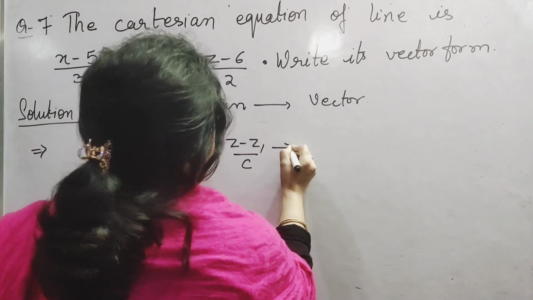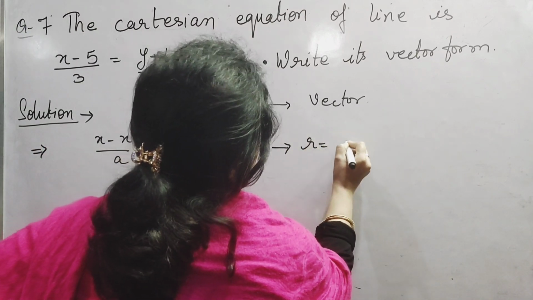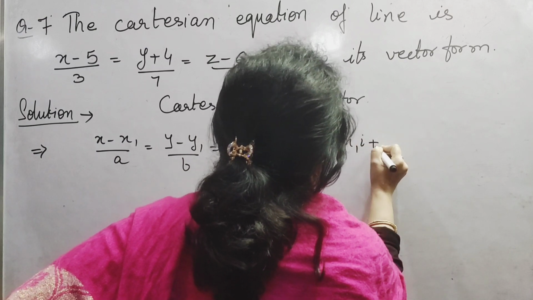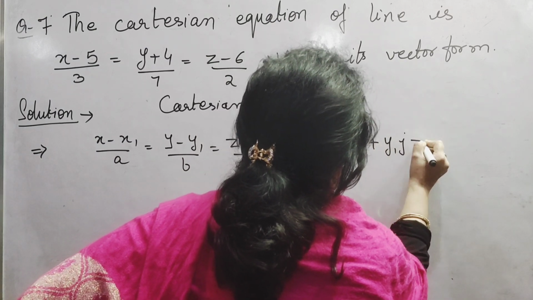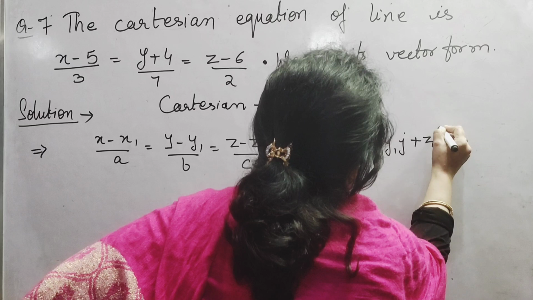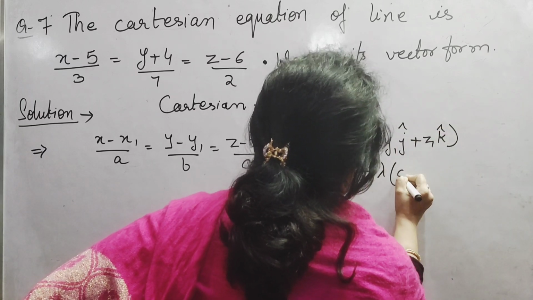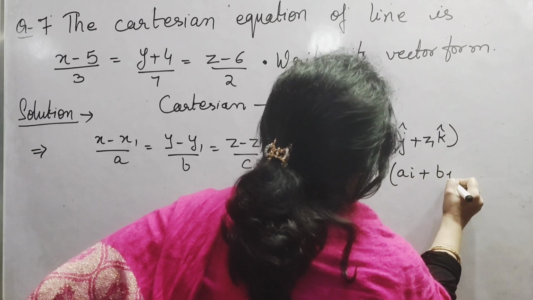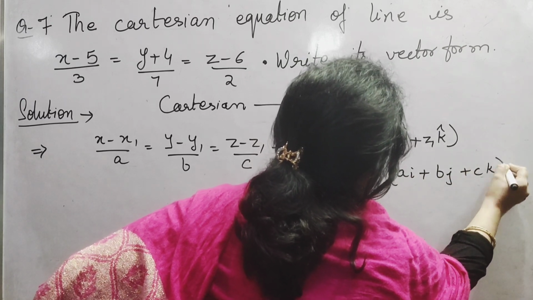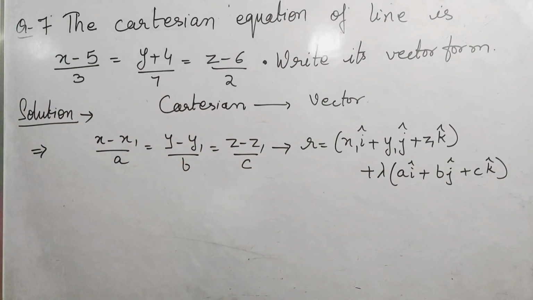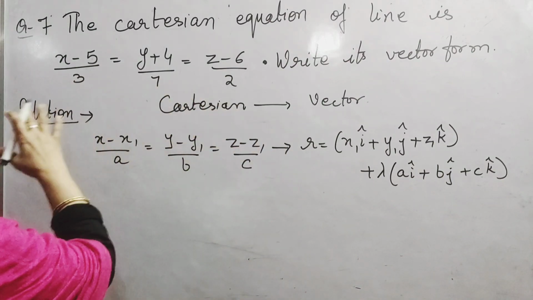And its vector form is r equals x1 i plus y1 j plus z1 k, plus lambda (a i plus b j plus c k). So this is the format. Now you can easily convert by comparing these things.